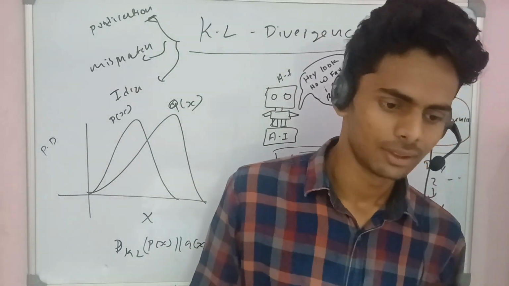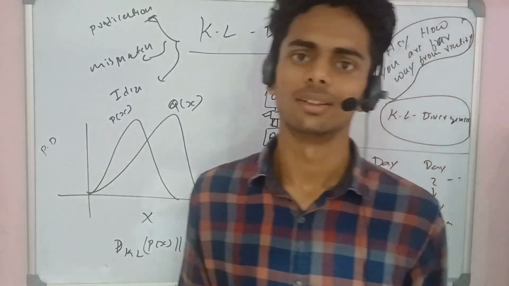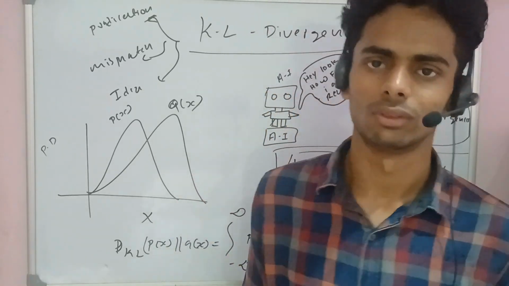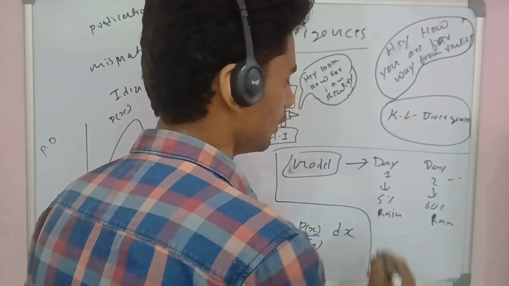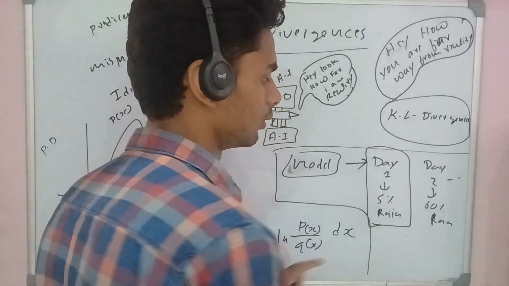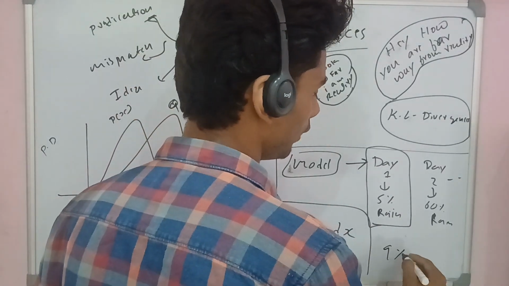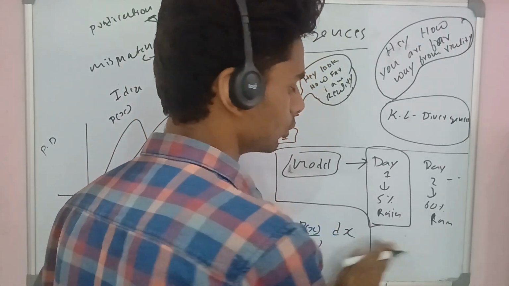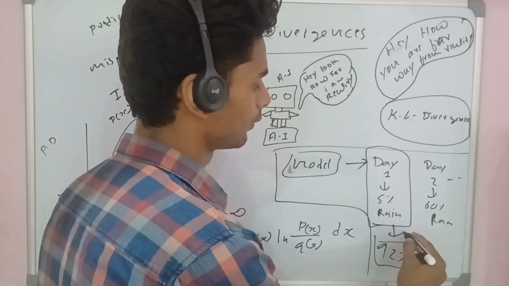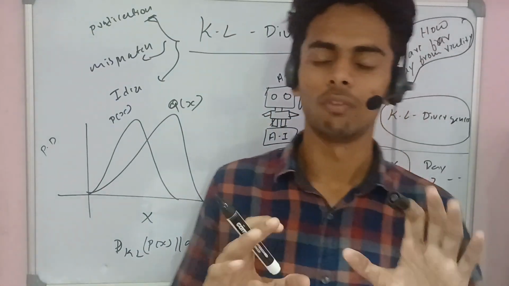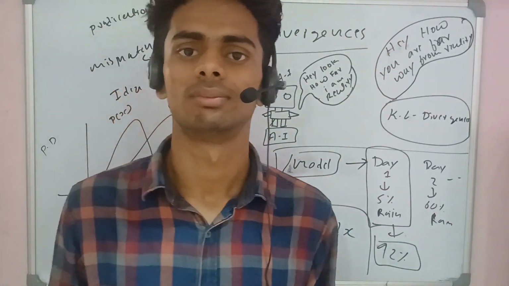Actually, in reality, sometimes your model predicts something wrong. On day one they predicted 5% rain, but the actual probability of rain on day one is like 92%.